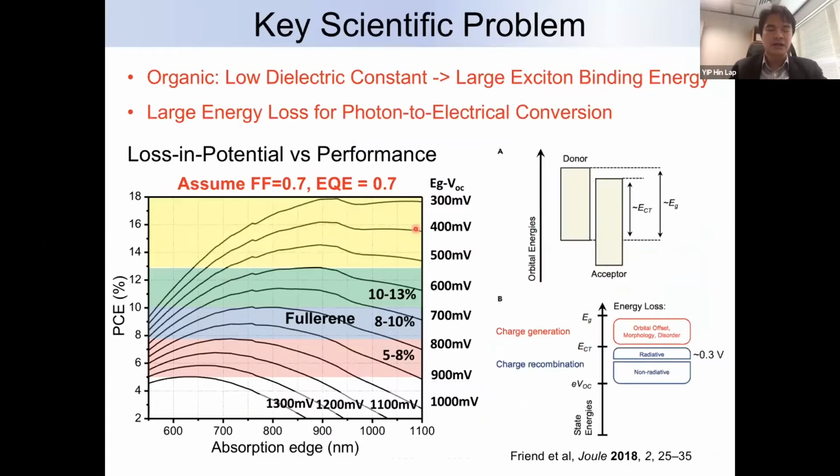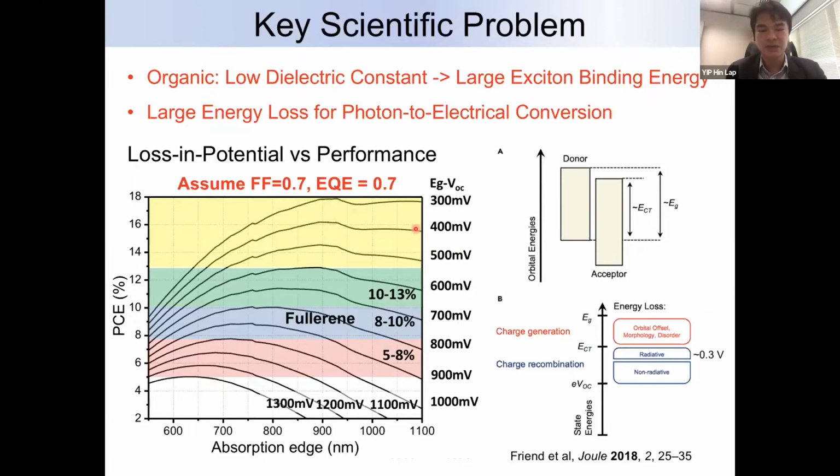And of course, the key scientific problem for organic solar cell is the organic material. They usually have a low dielectric constant, which means the exciton binding energy in organic material is large. We need to use extra energy to overcome this exciton binding energy in order to separate the hole and electron once they create an exciton.